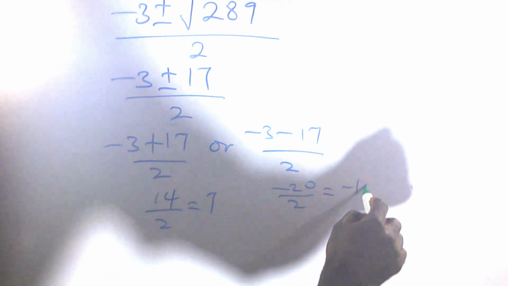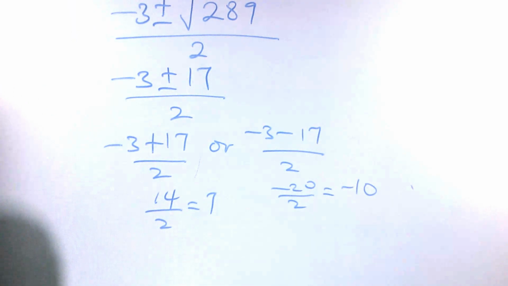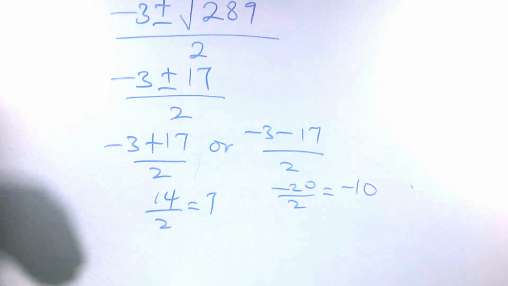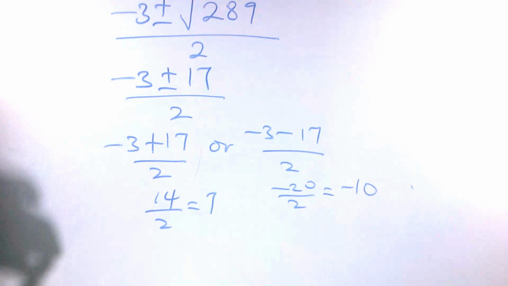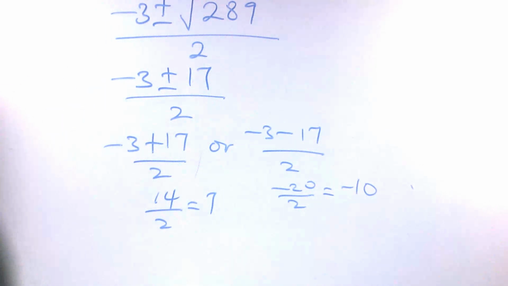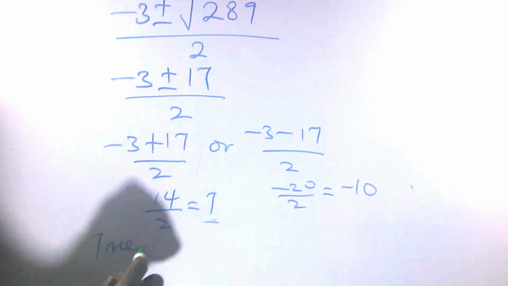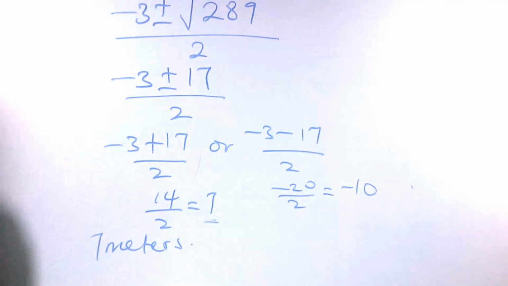It's going to give us minus 10. Now, since you know that the dimension of a rectangular field, that is the width, which we represented with x, cannot be negative, our answer is going to be 7 meters. That is our x.